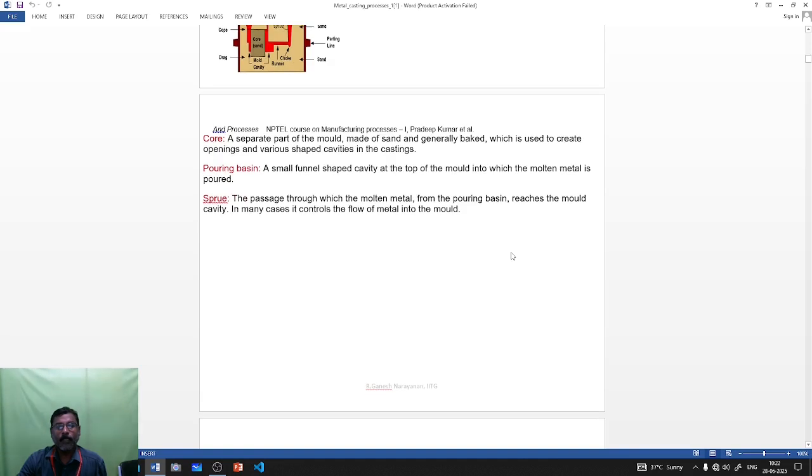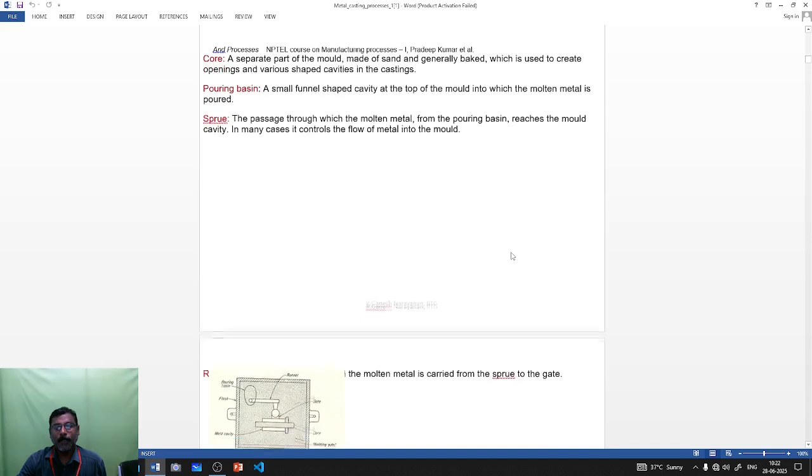Core: a separate part of the mold made of sand and generally baked, which is used to create openings and various shaped cavities in the castings. The pouring basin: a small funnel shaped cavity at the top of the mold into which the molten metal is poured. The sprue: the passage through which the molten metal from the pouring basin reaches the mold cavity, in many cases controlling the flow of metal into the mold.